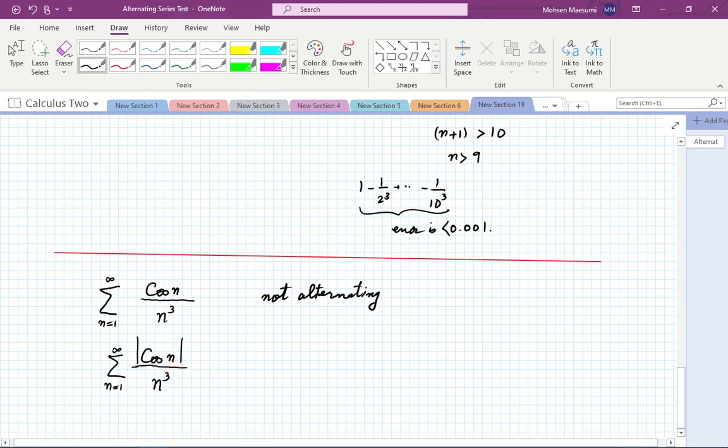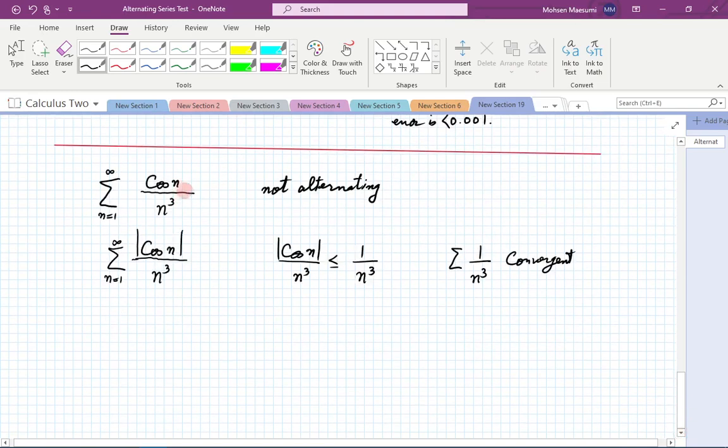We remember that cosine is always less than 1. So cosine of n over n cubed is always less than 1 over n cubed. And we remember from the p-test or integral test that 1 over n cubed is convergent.